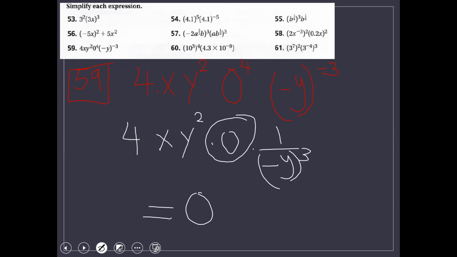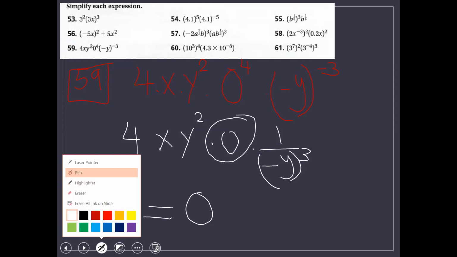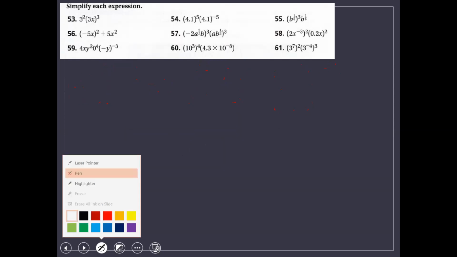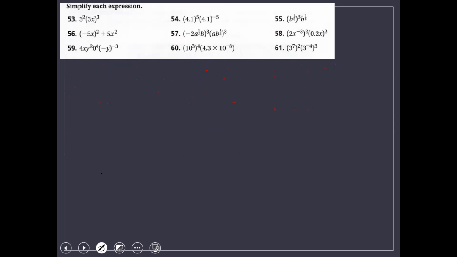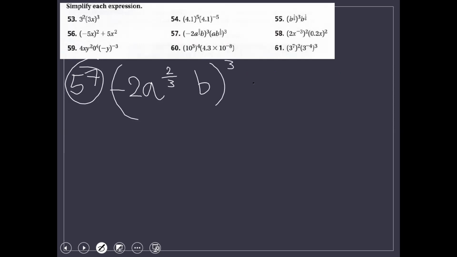Let's do now number 57. Number 57 here, negative 2a raised to the power 2 over 3, times b to the power 3 times a, b, and b is raised to the power 1 over 3, and the product of them raised to the power 3.